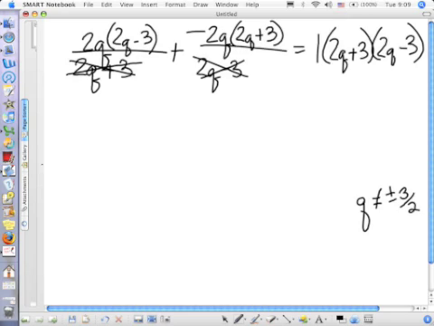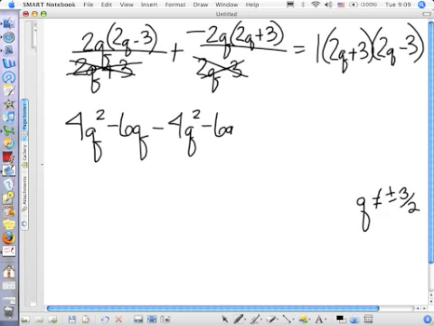Now I need to distribute here. I get 4q squared minus 6q. There, negative 4q squared minus 6q. And on the other side, what's that going to give me? 4q squared minus 9. Very good.